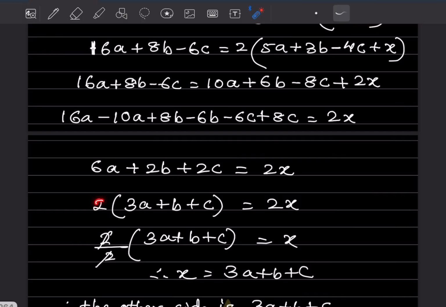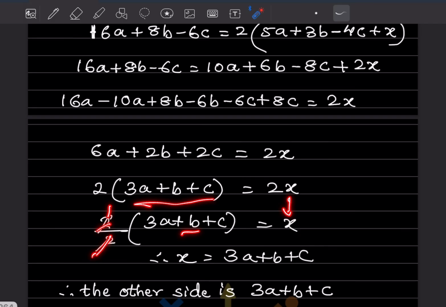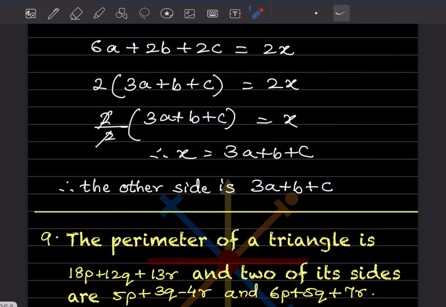Now this 2 is actually multiplication, 2x means 2 multiplied by x. So if we bring this 2 on the other side, it will get divided. So here remains just x. So we can say the other side is 3a plus b plus c.